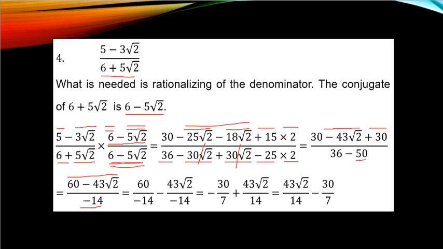So you can let each term in the numerator have minus 14 in separate form. If you divide 60 and 14 by 2, you have minus 30 over 7. Minus against minus is plus. There is no common term to 43 and 14.